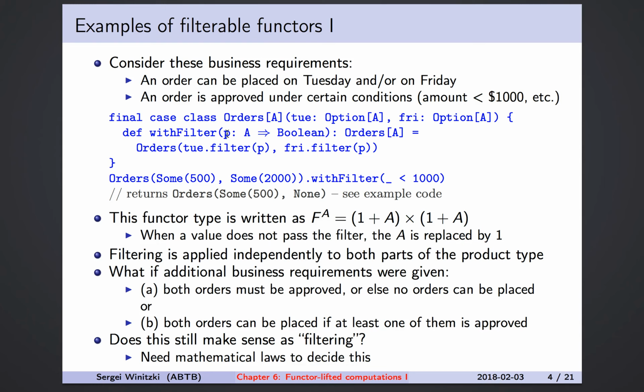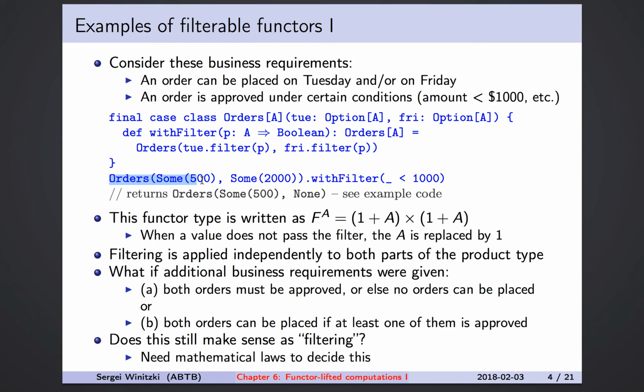When p is given, some kind of approval condition, we can apply this condition to the order placed on Tuesday, if any order was placed on Tuesday, and also we will apply it to an order placed on Friday, if any. The result of this definition is like this.